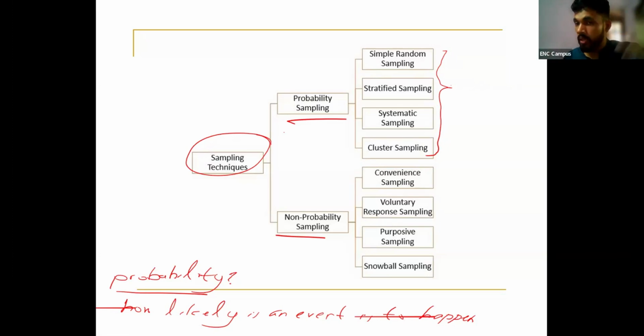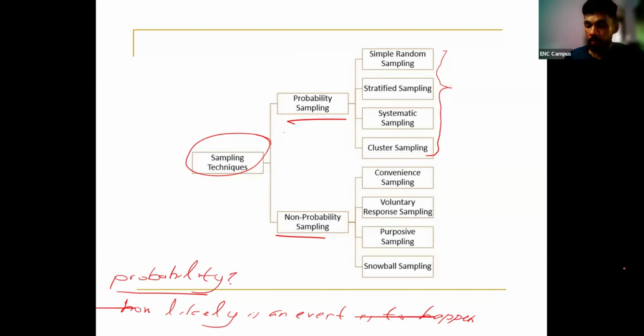Therefore, every element had an equal chance of getting selected. In stratified sampling, we divide our population into subgroups and pick elements from those subgroups, right? So every element in the population had a chance of getting selected.